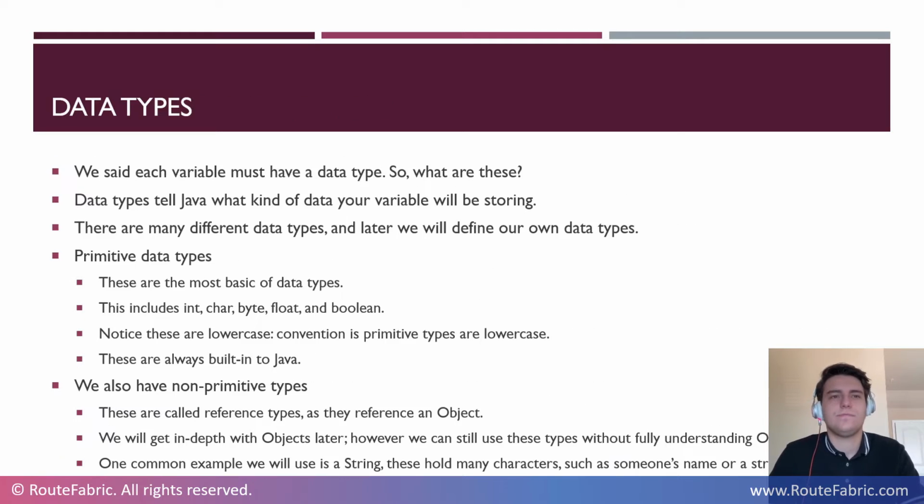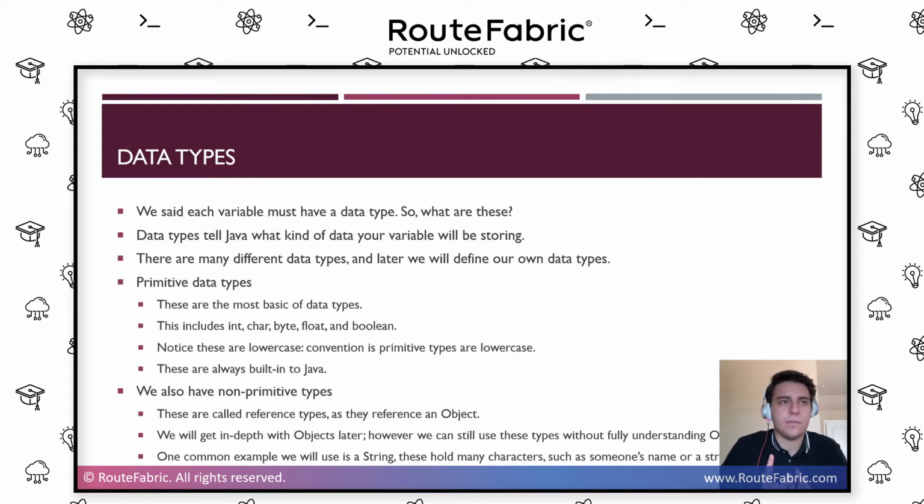All right. So data types. So we said every single variable must have a data type. So what are these? Data types tell Java what kind of data your variable will be storing. This is very important because different types of data take up different amounts of space and they're written in a different way. So for example, an integer and a floating point number are stored very, very differently in your computer's memory, even though they could be the same exact number to us.